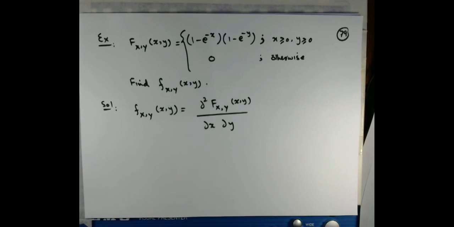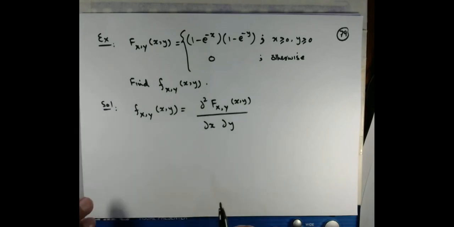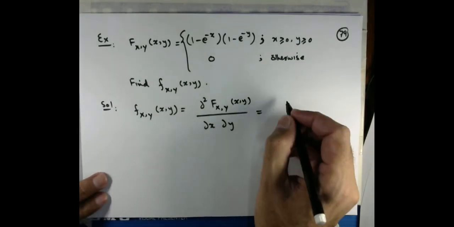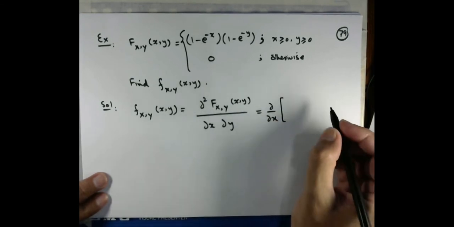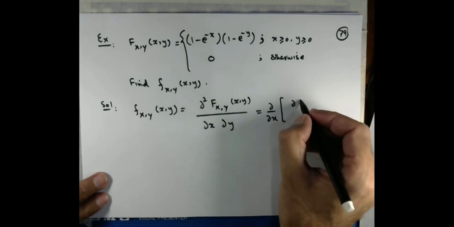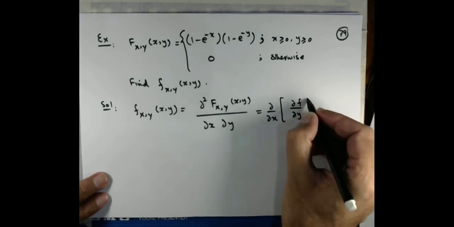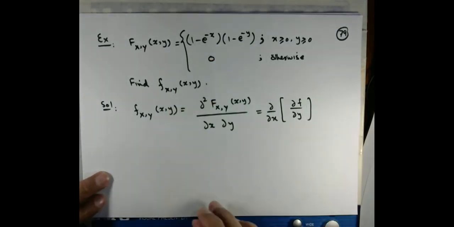So how can we do this? This is so simple. You simply take partial by partial x, and the rest is partial f over partial y, some function which is basically this function. I have written it in another form.